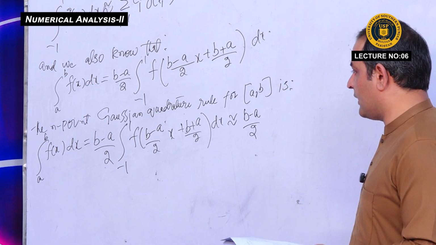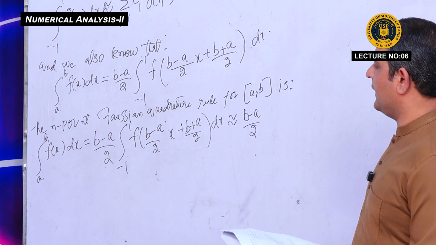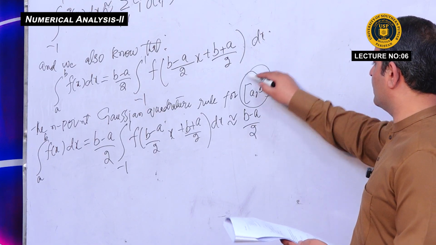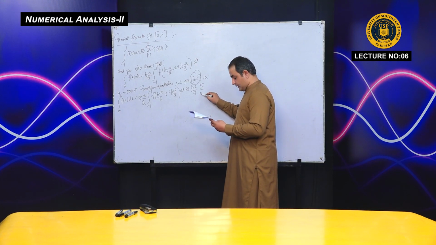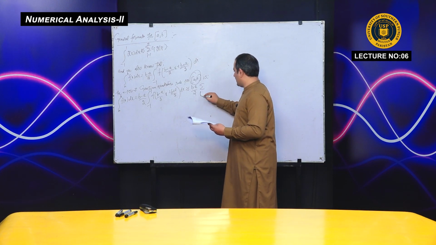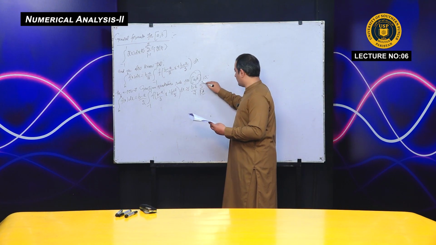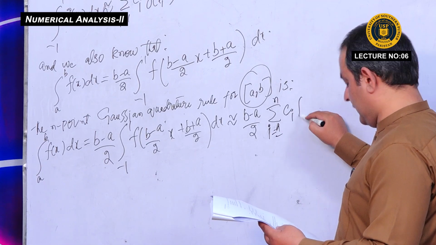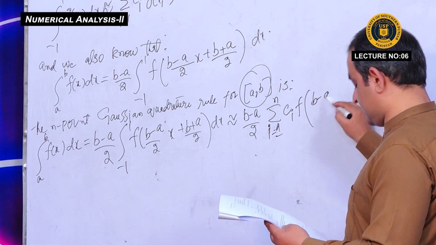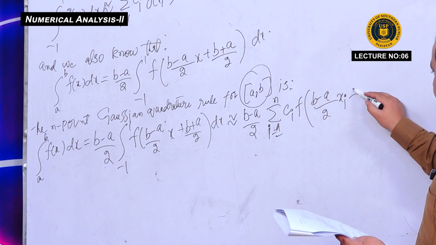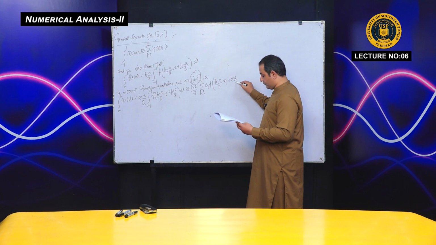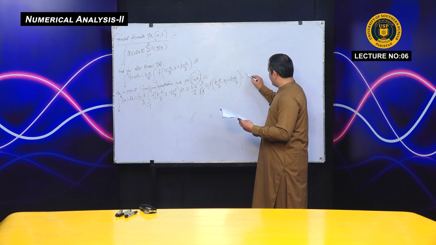Now I am writing the formula, basically the n-point Gaussian quadrature formula for the interval ab: the summation from i equals 1 to n of c i f of ((b minus a)/2) x i plus (b plus a)/2.